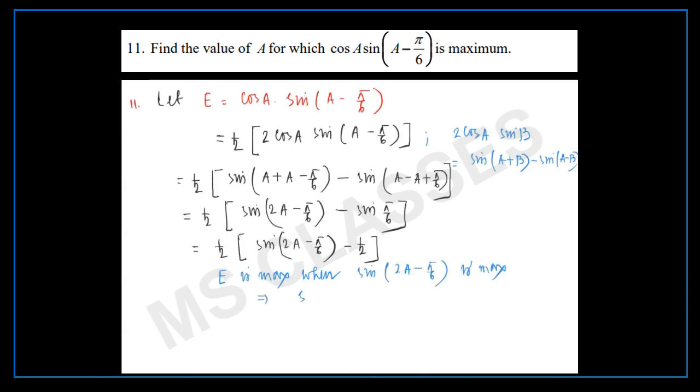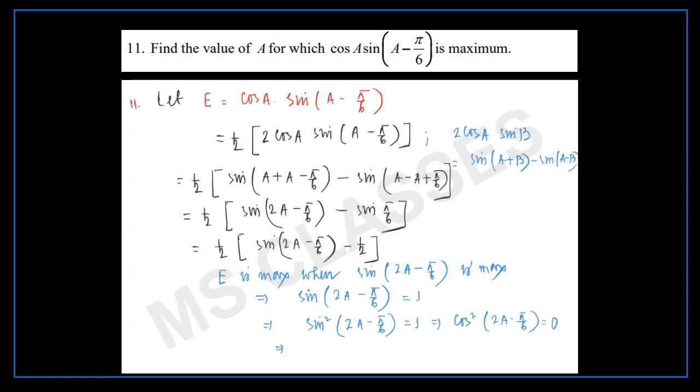This implies sin(2A - pi/6) is equal to 1, because the maximum value of sine is 1. Now when this is 1, what can we say? sin square(2A - pi/6) equals 1, and this gives us cos square(2A - pi/6) equal to 0.